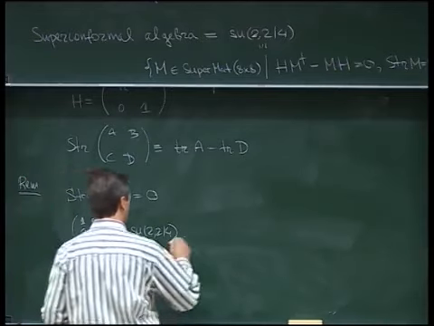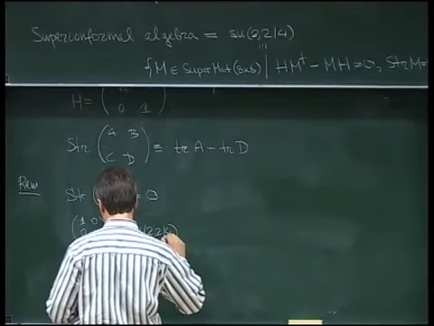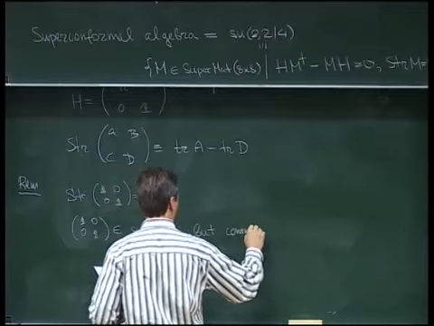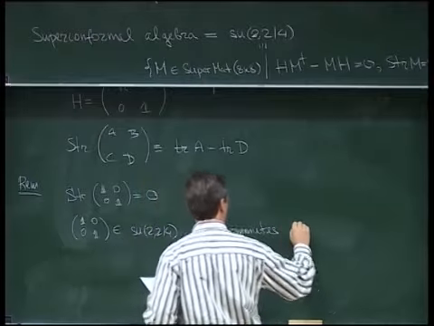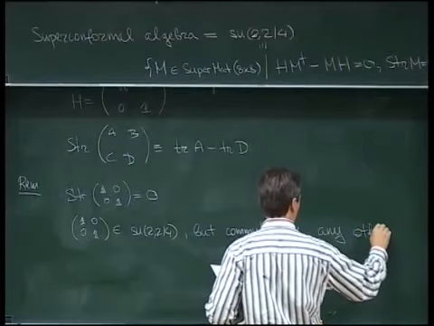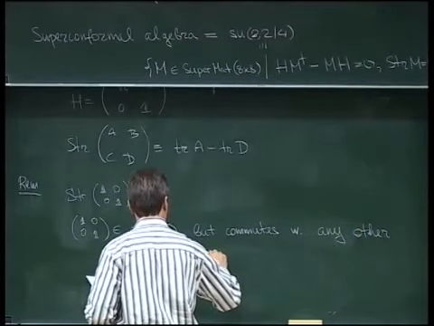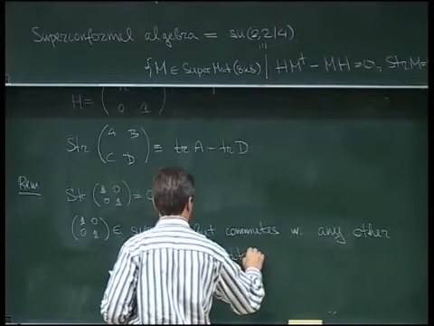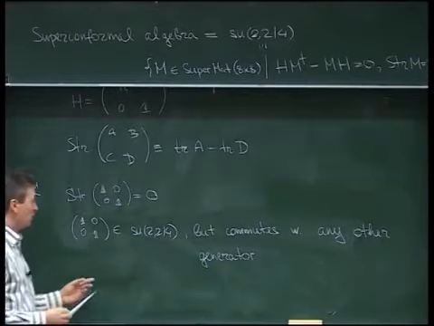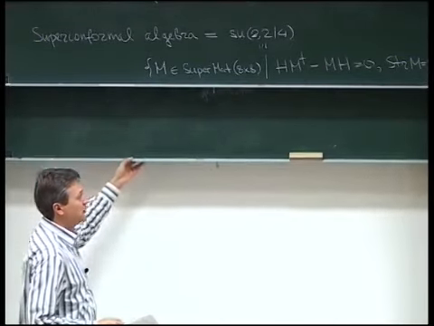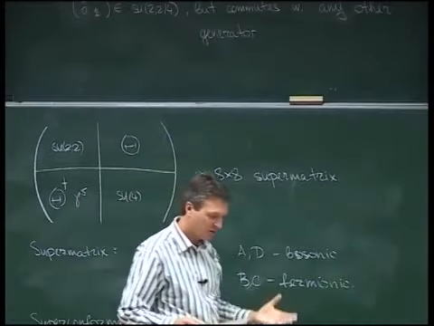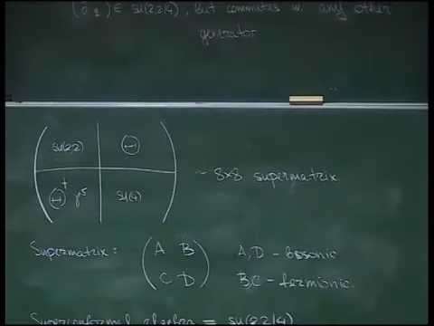So this means that it is a generator of the symmetry algebra that commutes with everything but can appear on the right hand side.